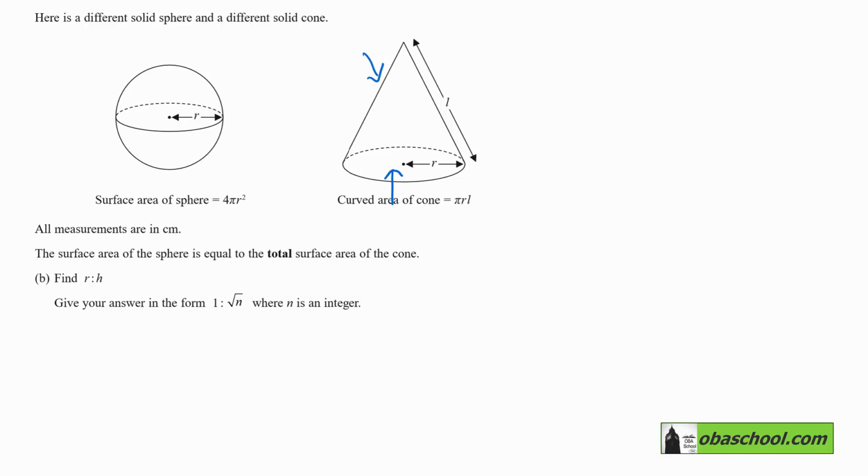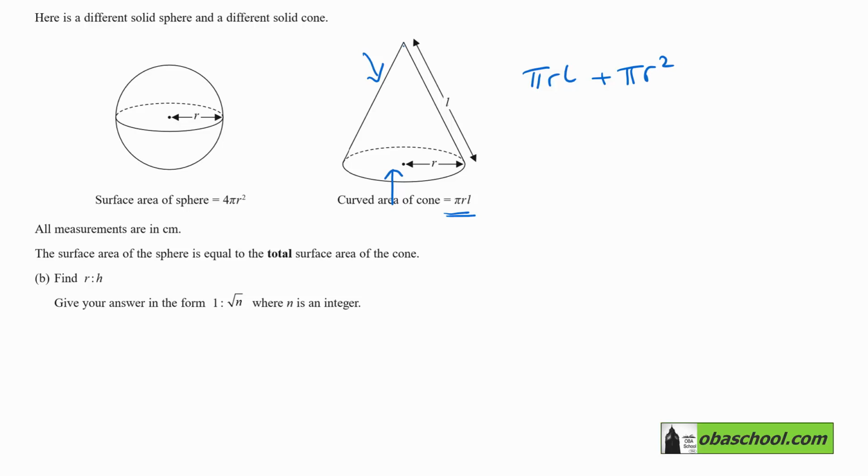So let's think about this cone. We're told the curved surface is pi r l. So we have pi r l as the curved surface plus pi r squared for the circle at the bottom.